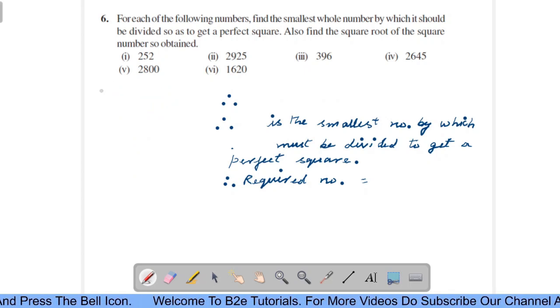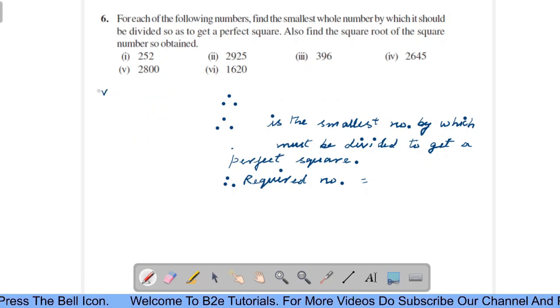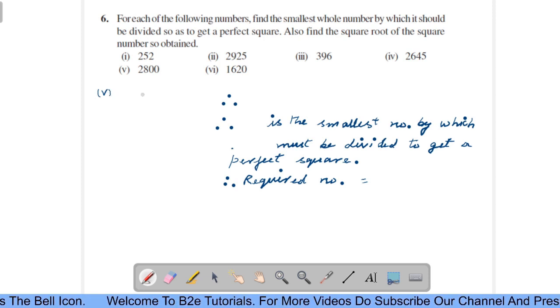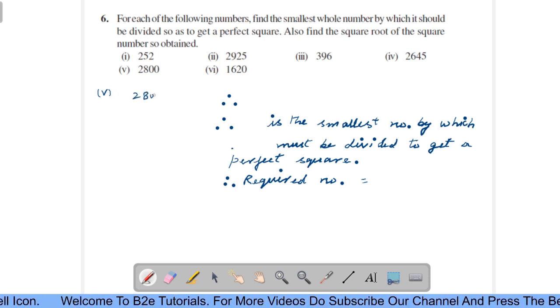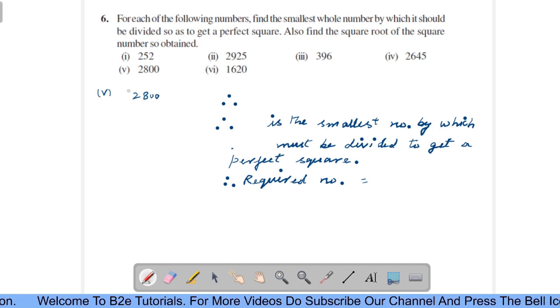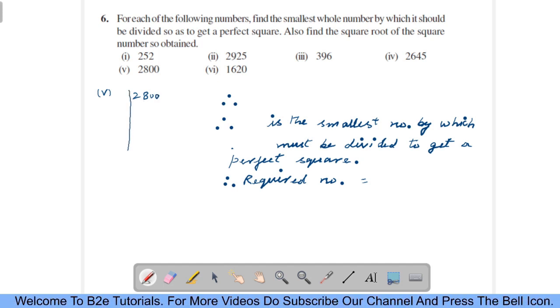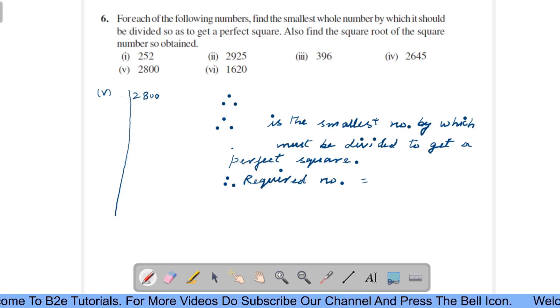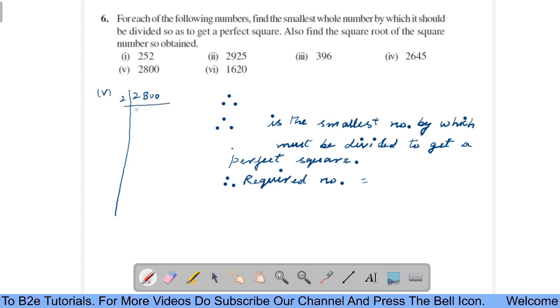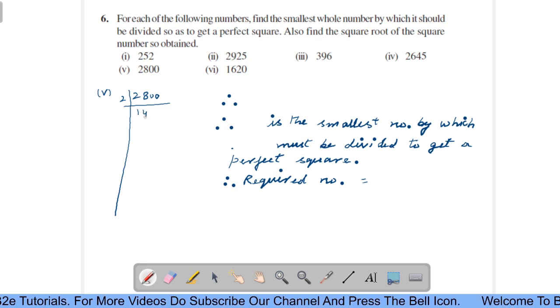Now come to fifth part. It is 2800. Now find out prime factors of 2800. It is divided by 2. It is 1, 4.